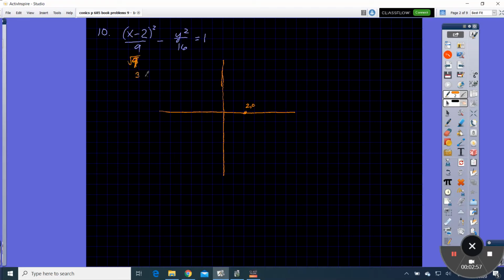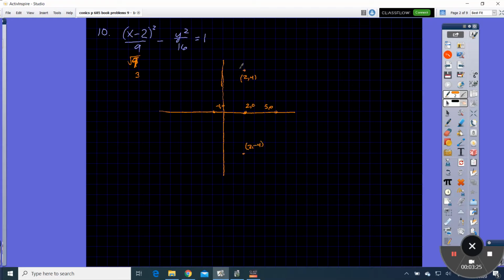So in the x direction, I go 3, 3. Square root of 16 is 4. So in the y direction, I go 4 and 4. I'm going to label these points right now while I'm doing it. That's 5, 0. This is -1, 0. This is 2, 4. This is 2, -4.